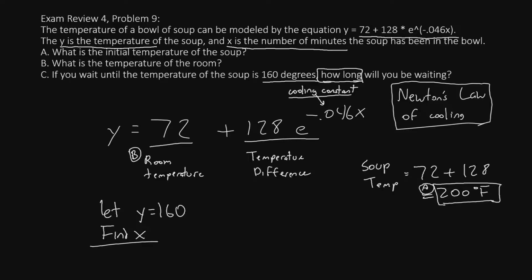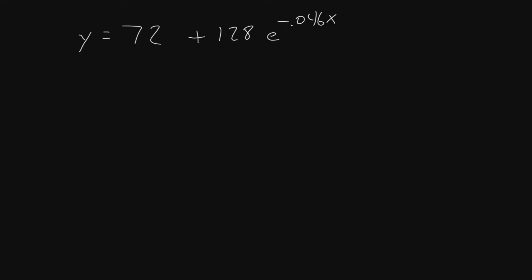Now let's get a clean slide. Once again, we let y become 160, the temperature we want, equals 72 plus 128 e to the negative 0.046x. Now we're going to try to solve for x. Before we do that, we need to first get the e term by itself.